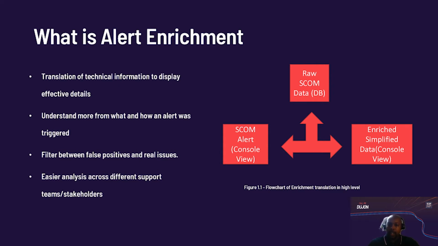The enriched side is where we get certain fields enriched with more simplified information, so that anyone who may not necessarily be technical or may not know much about a particular technology, the enriched simplified data will be the best way to understand what is affected, how it's affected, and more detail of the actual structure and the domino effect of what the alert could actually do.